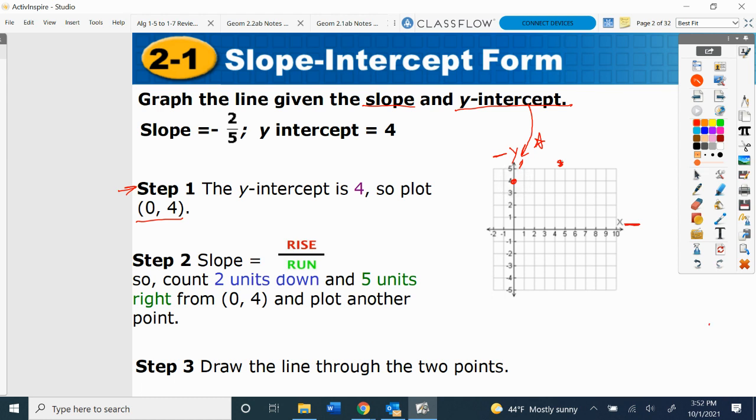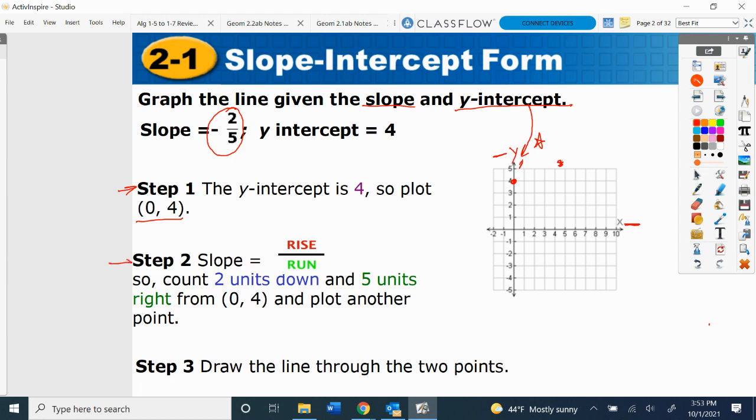So we're going to put a dot there at 4 on the y-axis, and that would be called our y-intercept. That is where our line is going to cross the y-axis. And then from that point, we just want to follow what our slope is to be able to find the next points for that line.